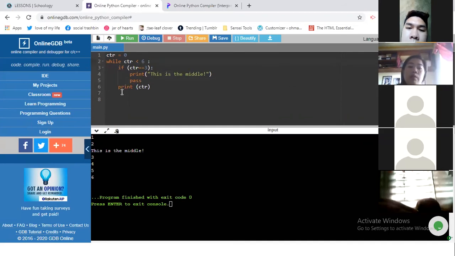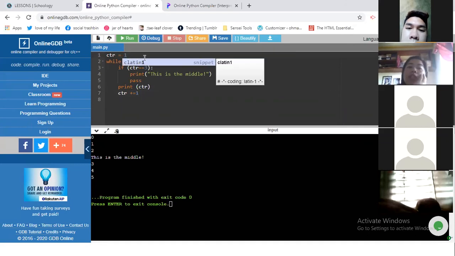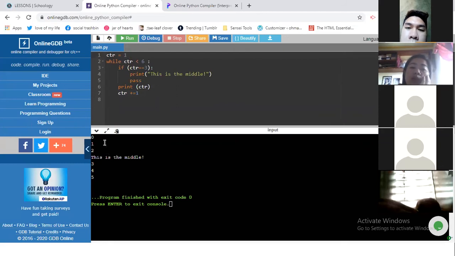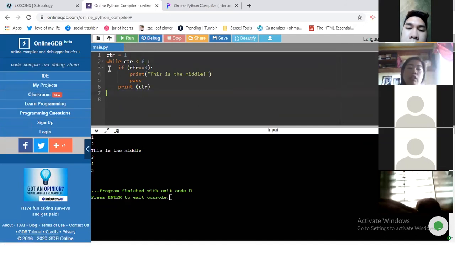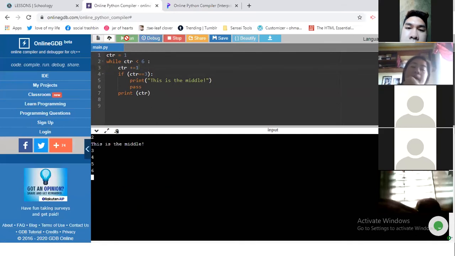Baba natin yung increment. Okay. So, depende yung increment nyo, nababago niya yung output. Pag nandito yan sa taas, pati yung 6 dinadamay niya. So, pagpasok pa lang niya, counter plus 1. So, na-skip niya yung 1.